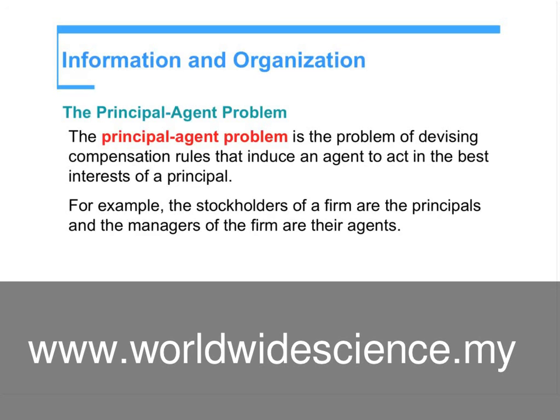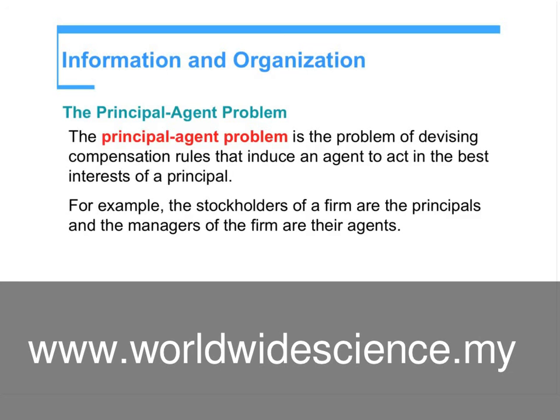That is called a principal-agent problem. For example, the stockholders of a firm are the principals, and the managers of the firm are their agents. It's important to know that in any firm, there are different roles. We have the principals and we have the agents. So stockholders of the firms are called principals, and the managers are called the agents.